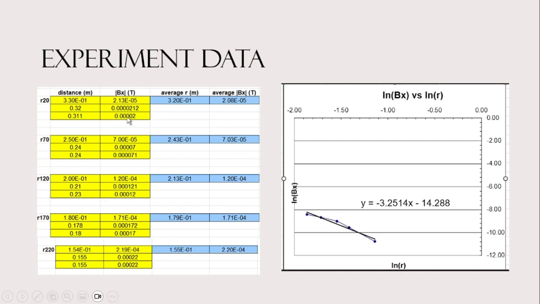First, we repeated this 5 different times with 20 microtesla, 70 microtesla, 120, 170, and 220. We then repeated for each different microtesla measurement in the x coordinate. We took 3 different measurements and averaged them, and then we linearized this using this graph to give this equation right here.